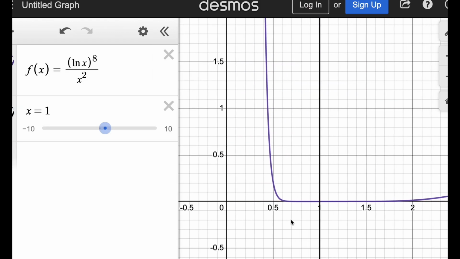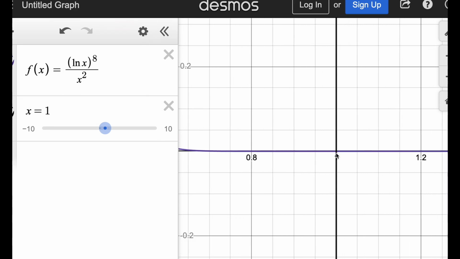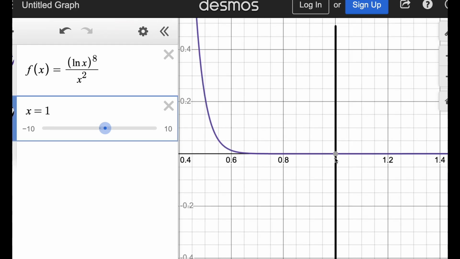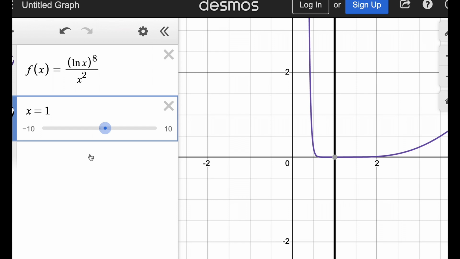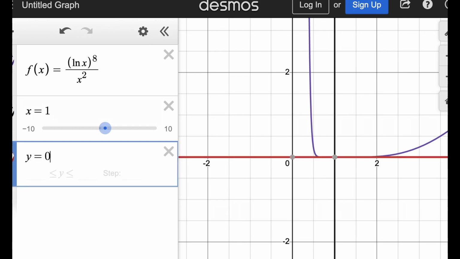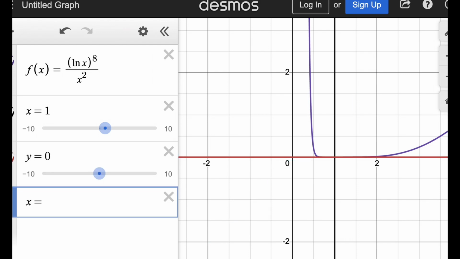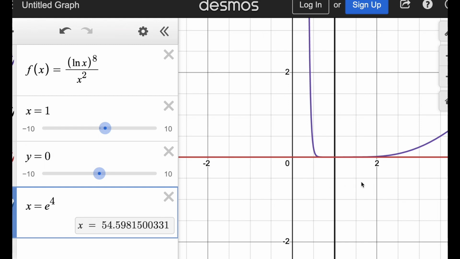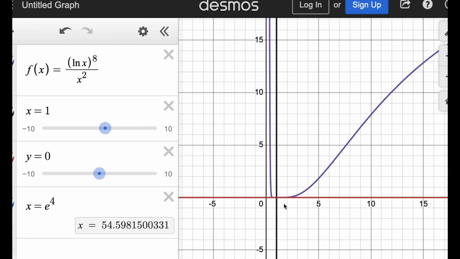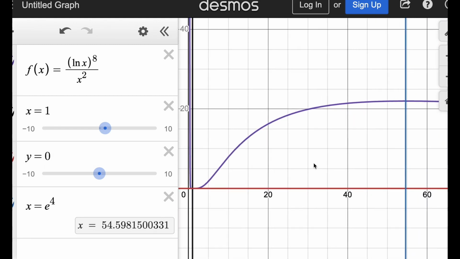1 looks like a correct solution there. I believe there is a horizontal tangent at x equals 1. The tangent is y equals 0. And then they're saying at x equals e to the 4th, there may be another horizontal tangent.